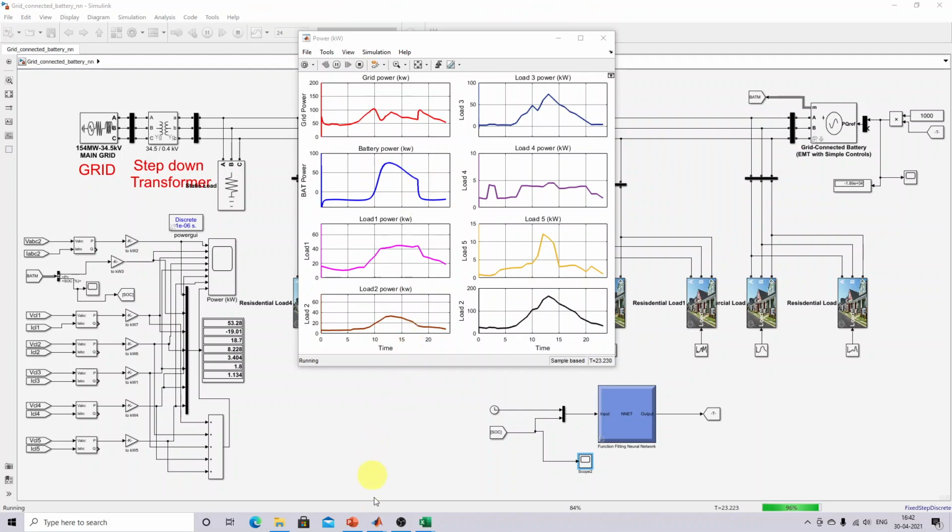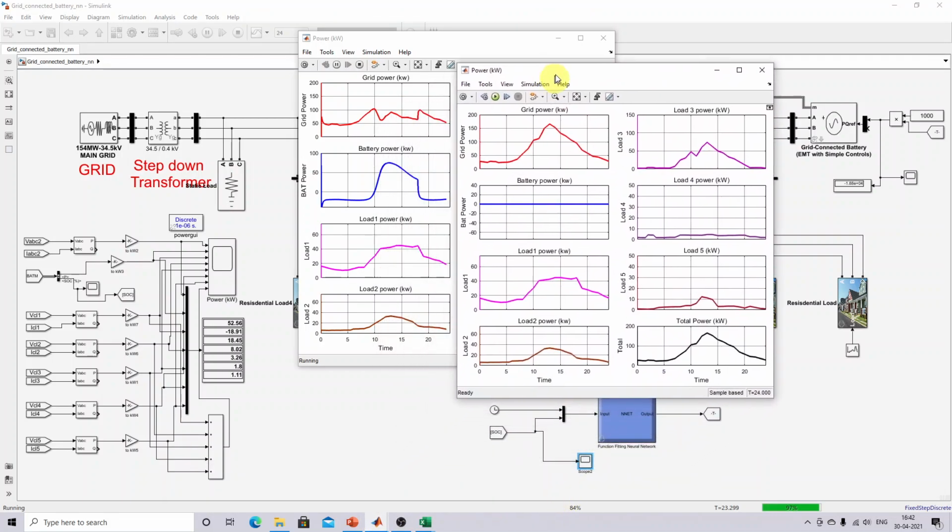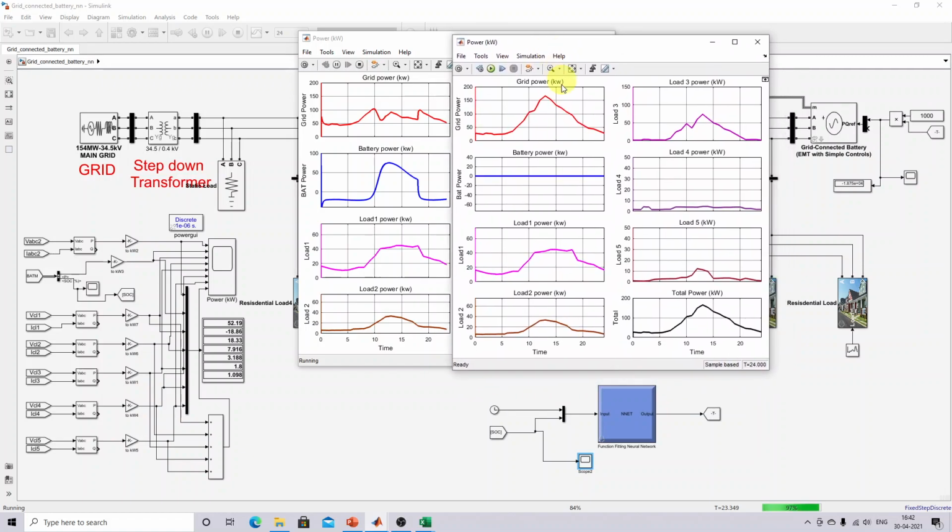So next I'm going to show you the comparison between the normal and the controlled case. So this is the normal, that means the grid is going to supply the power to the load without any control, right? Without any energy storage system in the system. Okay. So here you can see that it will go up to nearly 160 kilowatts, right?